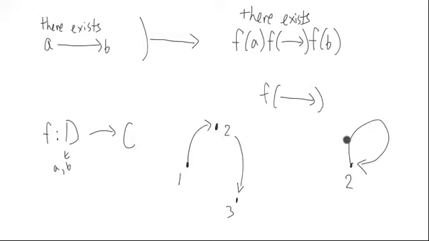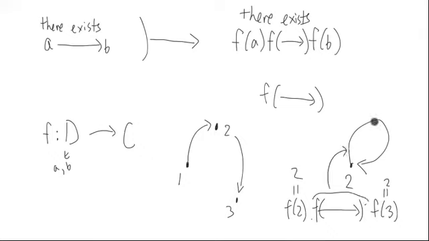This definitely preserves structure because there is an arrow from 2 to 2, and you can think of this arrow as being the image of maybe the arrow from 2 to 3, and 2 ends up being the image of both 2 and 3. So really, this is 2, this is 2, and this image arrow is just that loop right there.